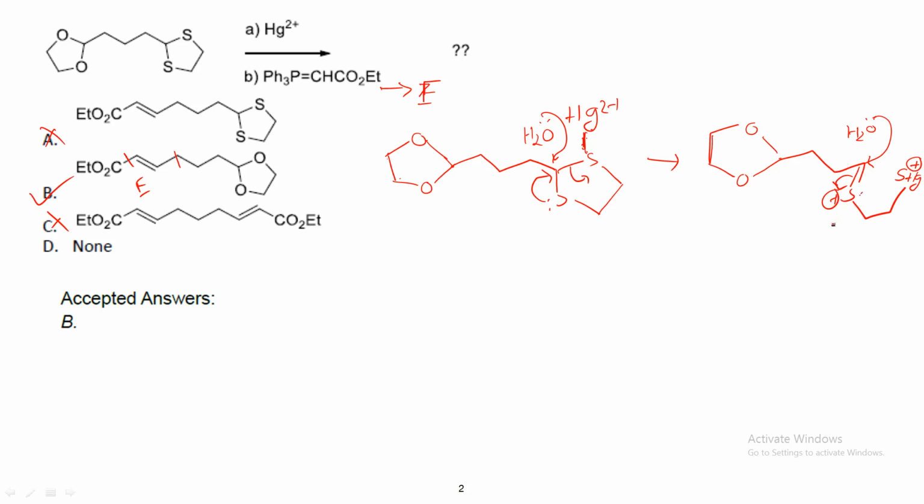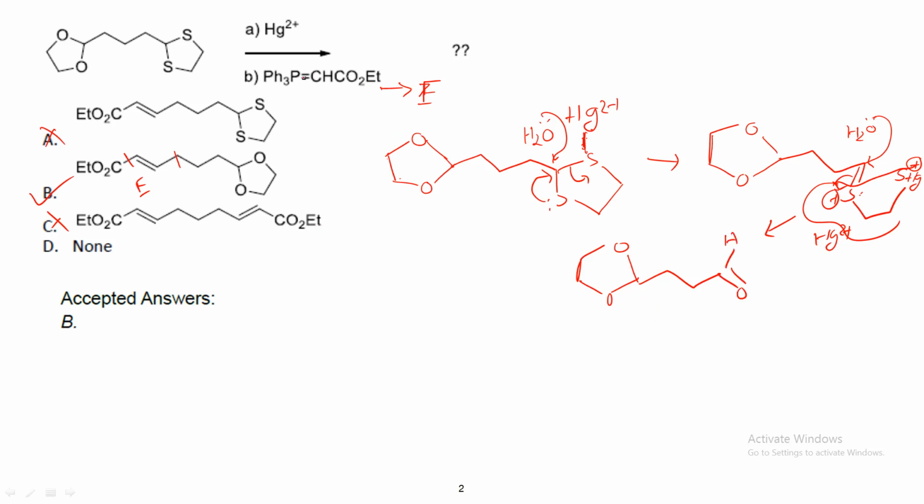Now it can interact with another Hg2+ partner, or this Hg+ itself can do the same thing. So that's how this whole part can be flipped. When that happens, we would be getting this particular aldehyde.